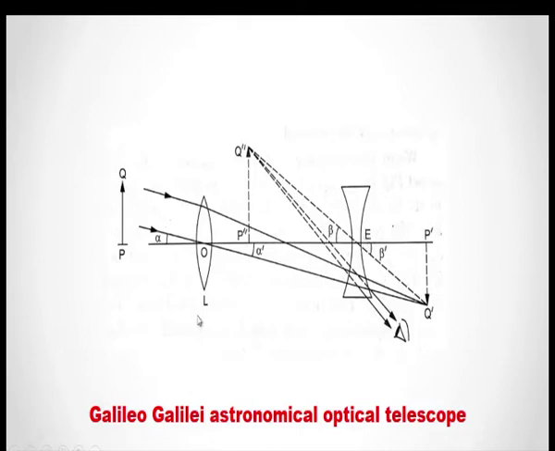The distance between the convex lens and concave lens is called length of the tube. So, this ray diagram explains the Galileo optical telescope system.